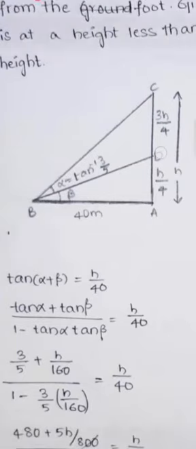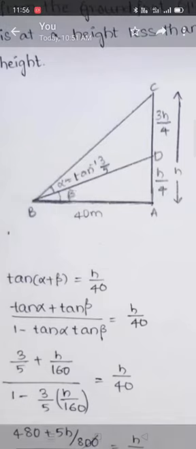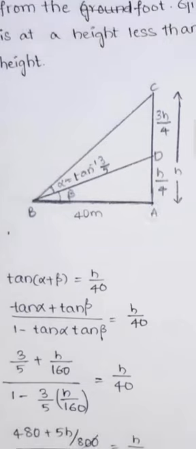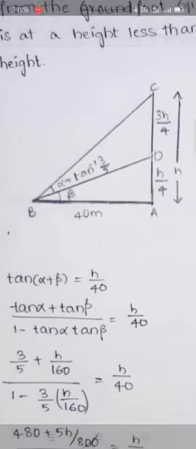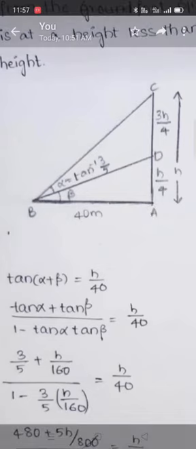It is a right angle triangle, and here the angle of elevation is beta. So I am applying the tan of the angle of elevation, I am going to find the tan beta value. Tan beta means opposite side AD bar by adjacent side AB bar. AD bar value is h by 4.